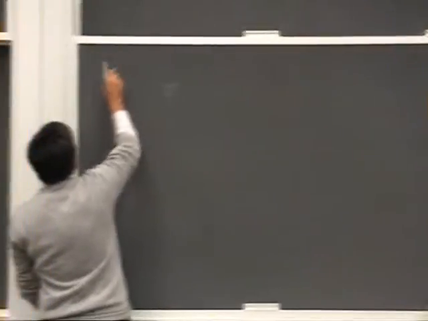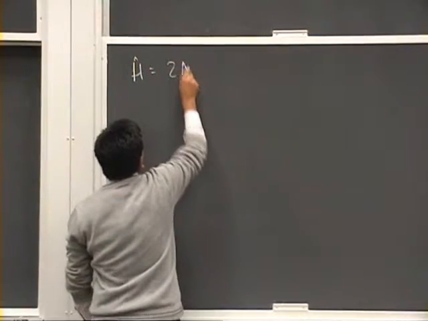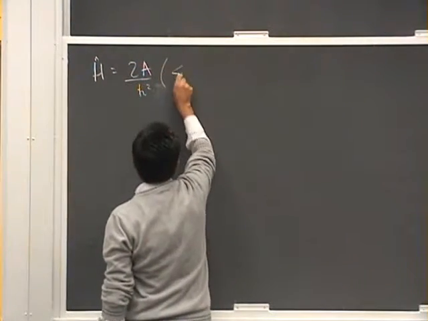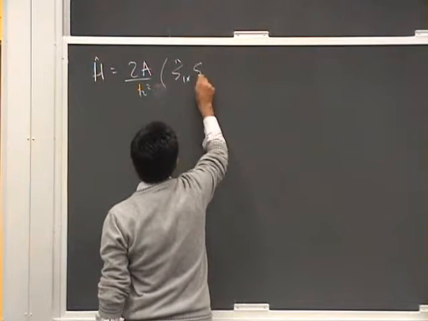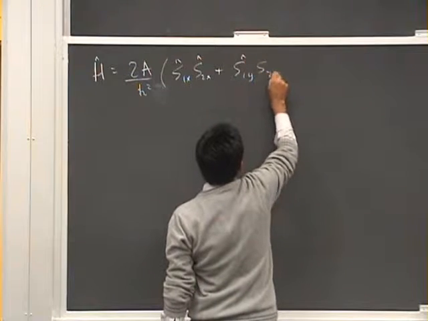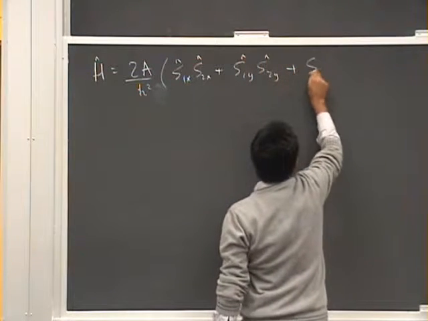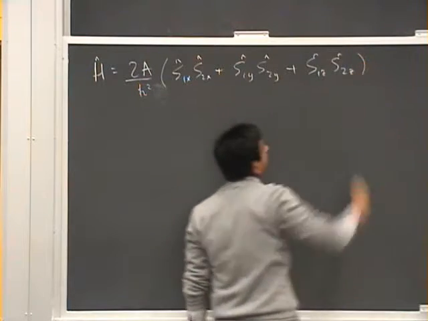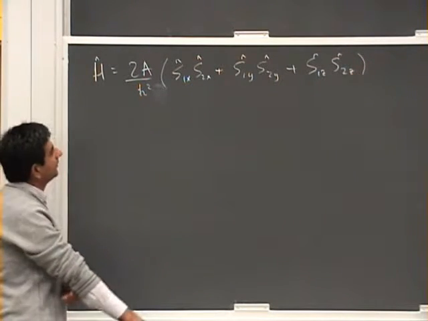So the Hamiltonian is 2A over h bar squared, S1 dotted with S2, which really means S1x S2x plus S1y S2y plus S1z S2z. Okay?